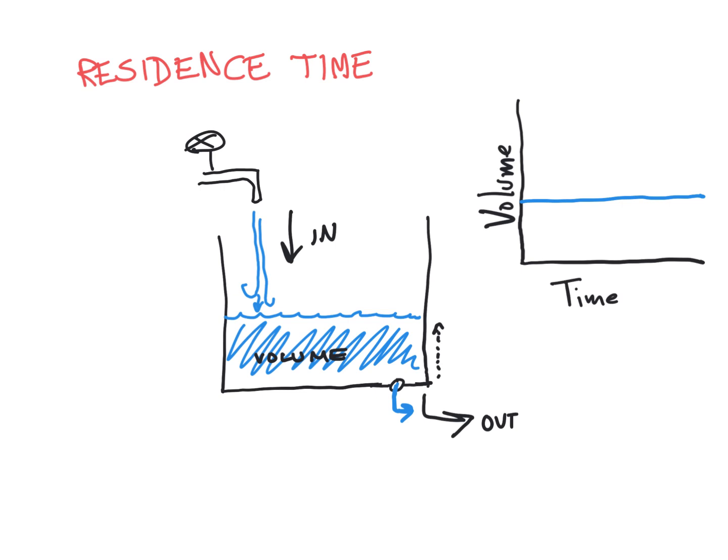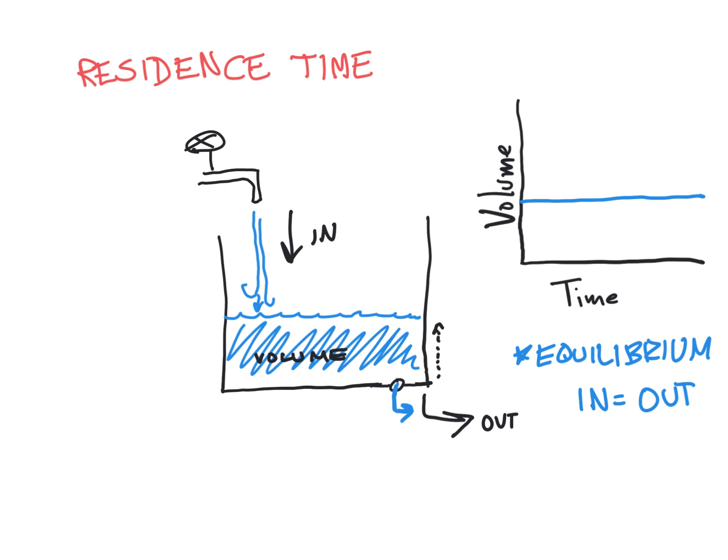So this tells us that this is a system in equilibrium. If it's in equilibrium, that means that the inputs are going to equal the outputs. And this is an important fundamental assumption that we're making when we're talking about residence time. We're assuming that we're talking about a system that's in equilibrium.